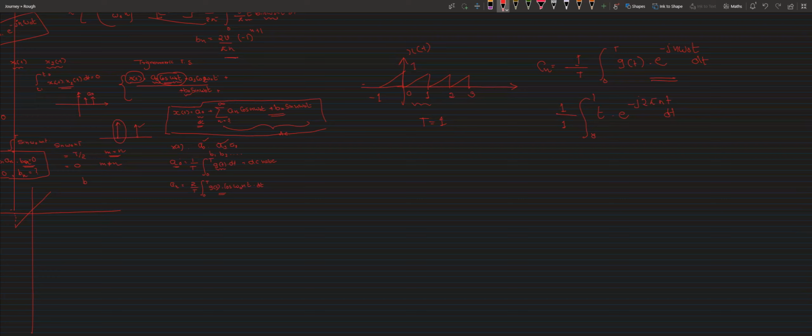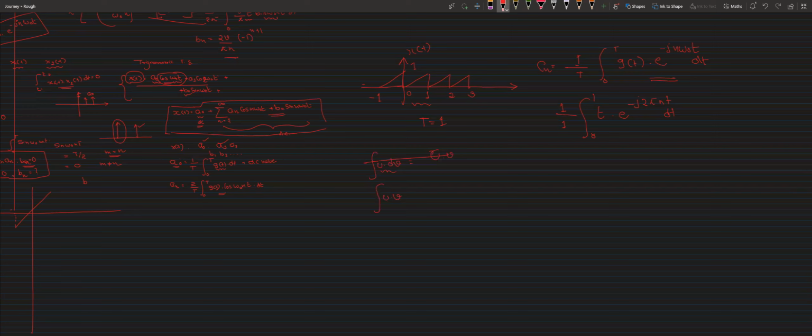So again, the integration by parts, u into dv. It says that u into v. Many people will get confused.